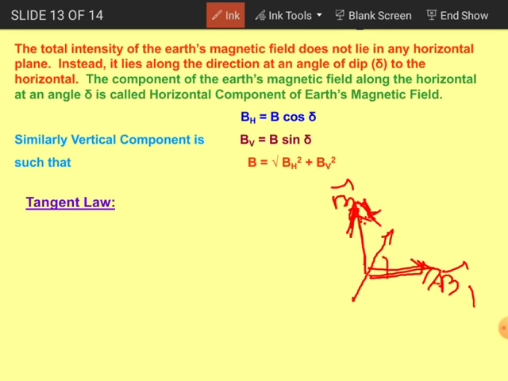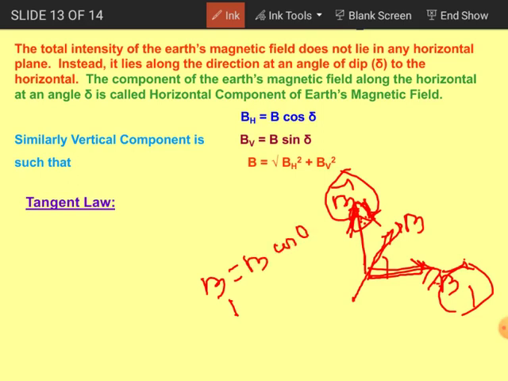This will be the resultant of these two magnetic fields. So B1 can be expressed as B cos theta, if this is theta, and B2, which is the vertical component, will be equal to B sine theta.